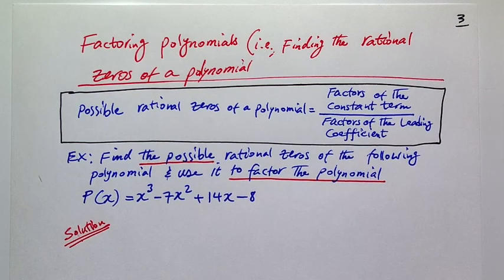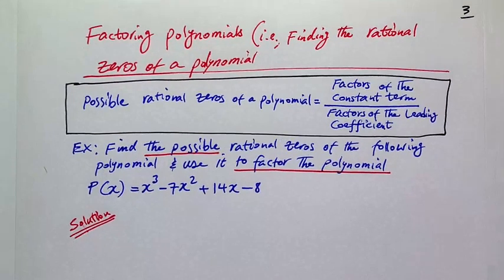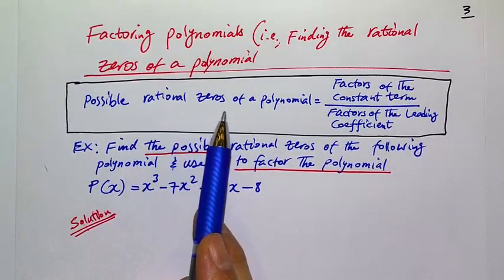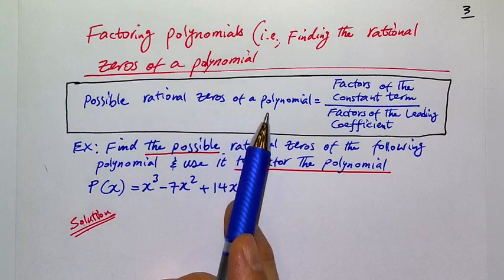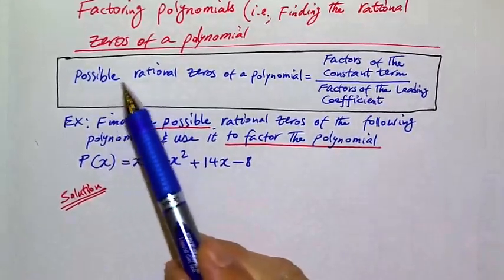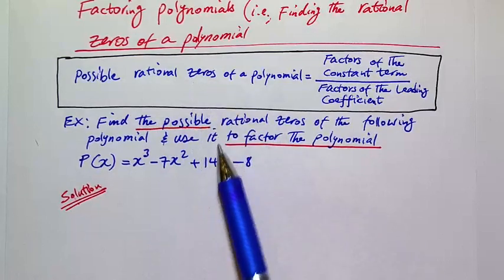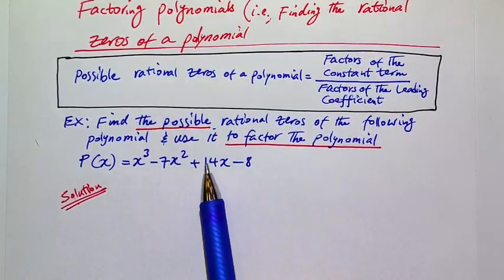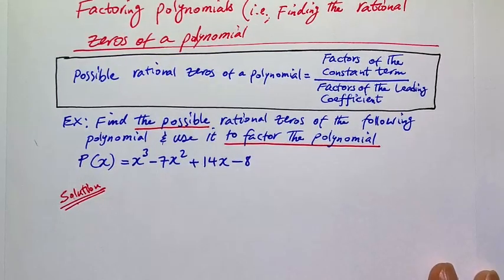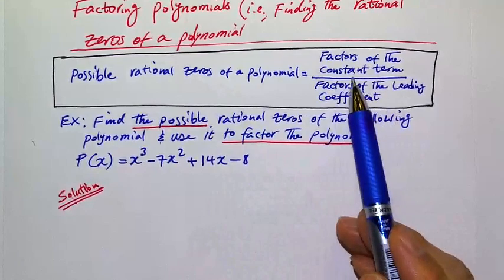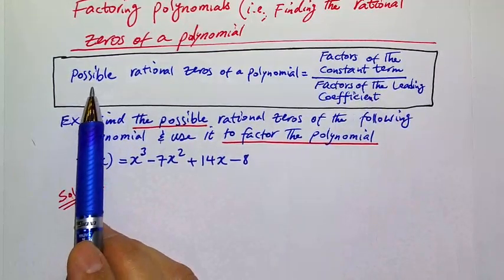But we talked about a technique for finding possible rational roots of a polynomial in pre-calculus 1. First we identify the possible roots, and then we test them one by one in the polynomial, and that will help us identify all the rational roots. This is the formula to find the possible ones.